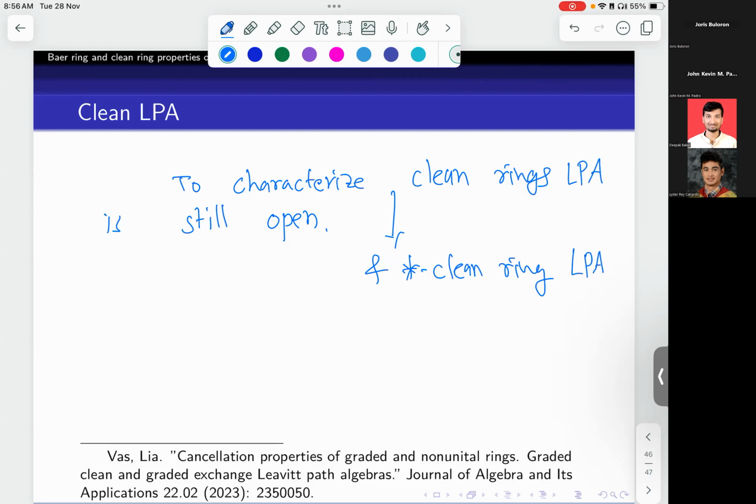The Leavitt path algebra characterization is not known. Interestingly, the graded versions are known. They have defined graded clean rings, and the graded characterization is known. It is something like the graph is either dots or dots with loops. But the characterization of a clean ring is not known. Which Leavitt path algebras are clean is not yet known. Nothing is known about star cleanliness.